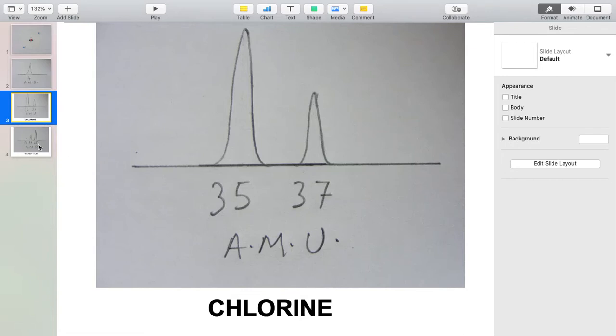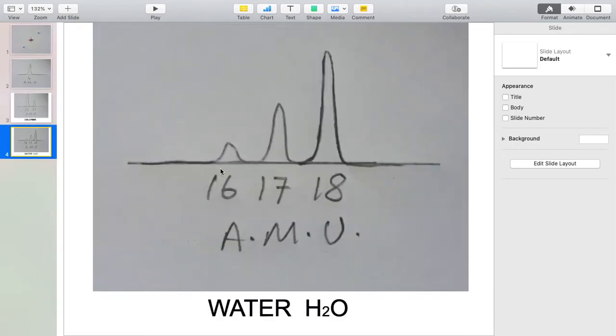Let me show you another plot. This is the mass spectrum of water. Well, water, H2O, consists of one oxygen atom and two hydrogen atoms. An oxygen atom is 16 atomic mass units and hydrogen is 1 atomic mass unit, so water is 18. So in the spectrum of water here we see one line at 18.